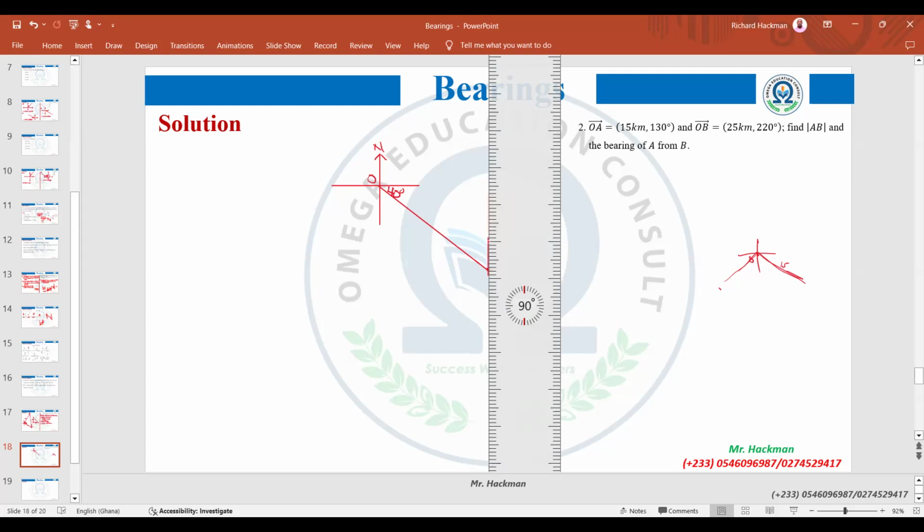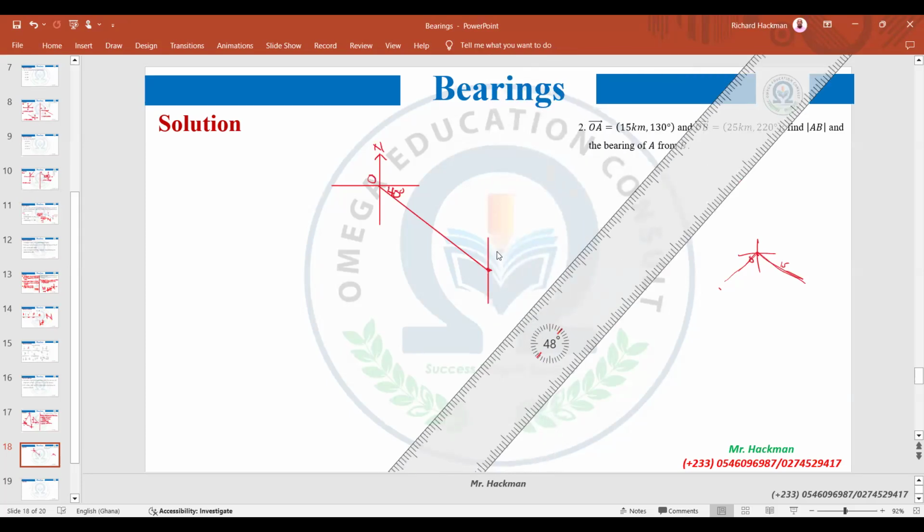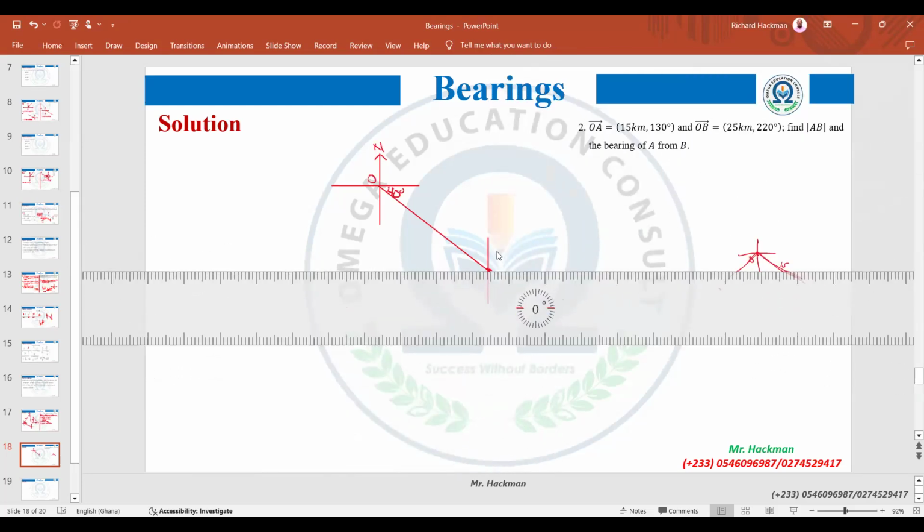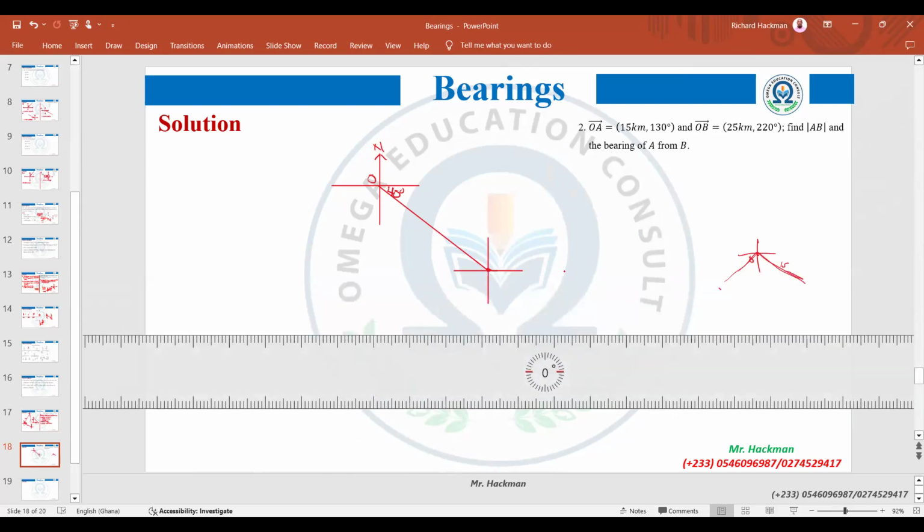So I indicate my cardinal point also at that point of interest A. By the nature of the diagram, I know my A can be here. It will not interfere with anything. So A will be here. And I don't forget to indicate my true north.